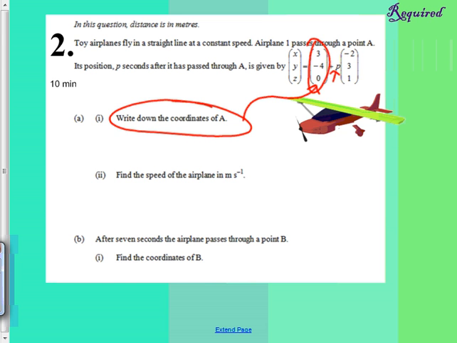P seconds later, it's gone to another point, right? 1 second later, it would have gone to, for instance, put a 1 right there. You don't have to have done this. I'm just saying 1 second later, it would be at what? 3 minus 2, which is 1. -4 plus 3, which is -1. And 0 plus 1, which is 1. So this is where it is at time 0. Here's at time 1. And how far apart are they?